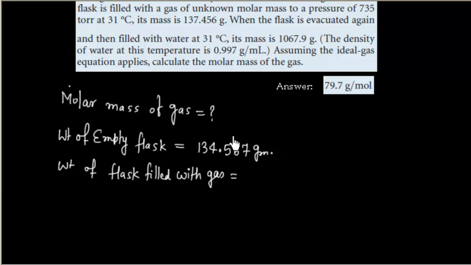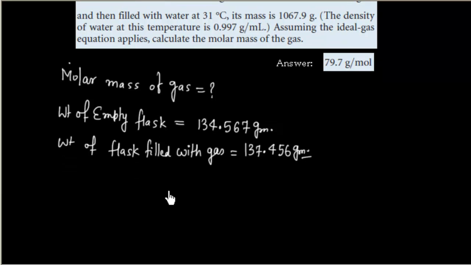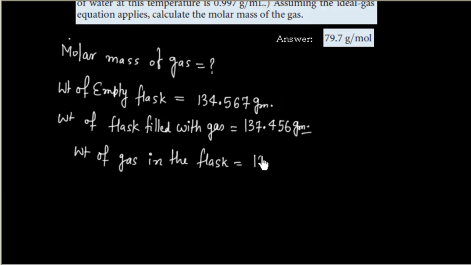And the weight of the flask when the gas is filled is given as 137.456 gram. So basically we can calculate the weight of gas. And this is nothing but filled flask minus empty flask, that is 137.456 minus 134.567.